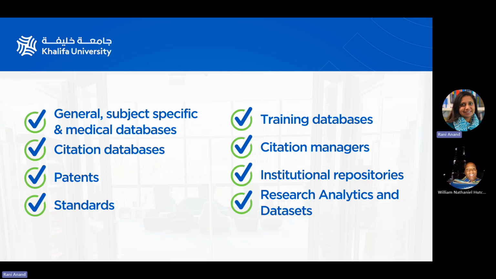For example, IEEE is a database for engineers or the engineering subject. APS, American Physical Society journals, are primarily made for physics majors or the physics subject. Then ACS, American Chemical Society journals.